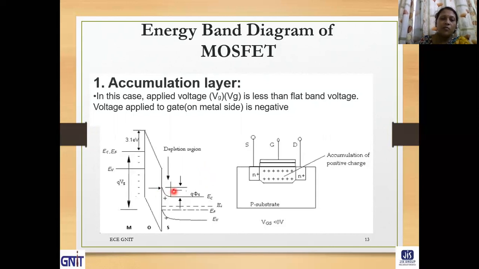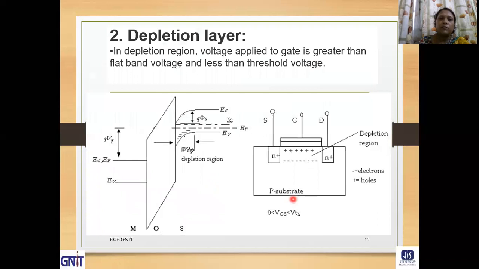It comes down. This goes up. Band bending is there. This goes up. This is depletion region.